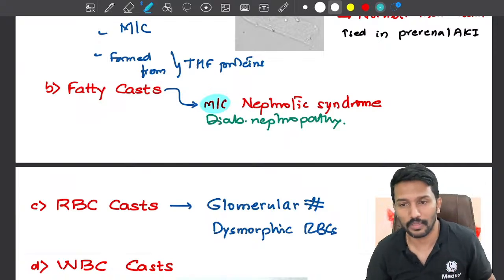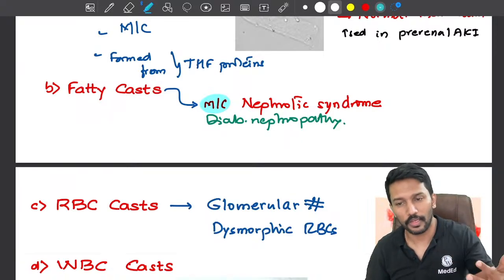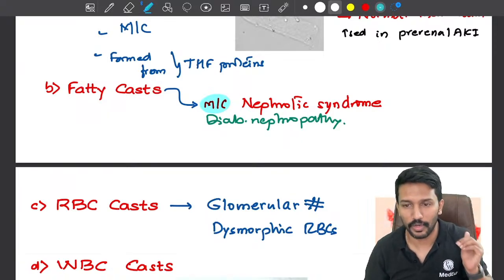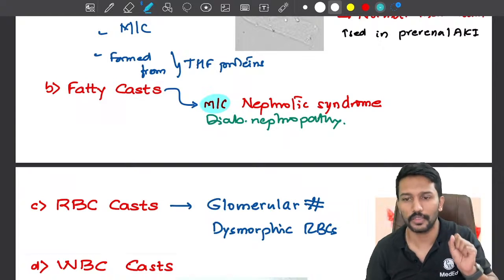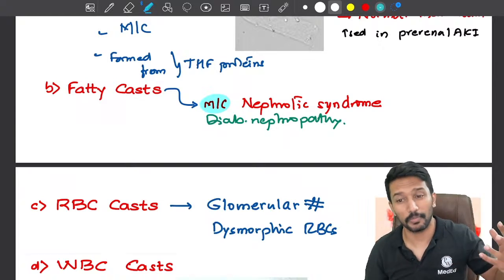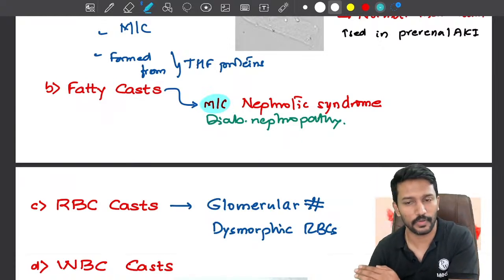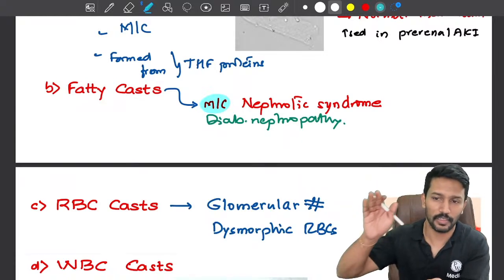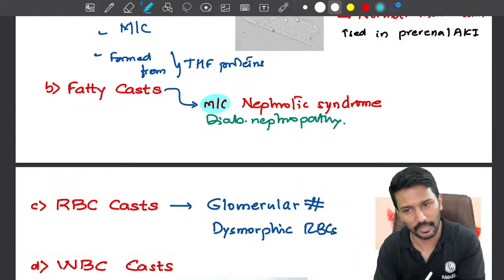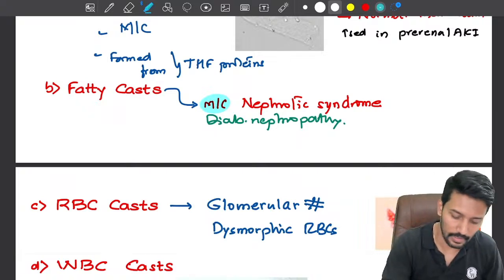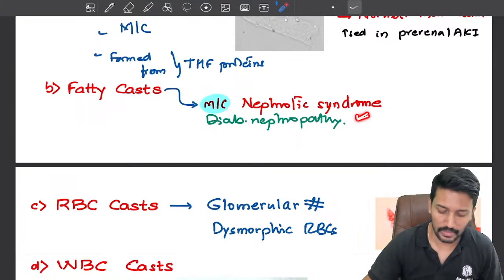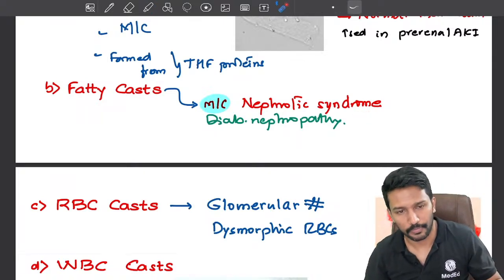Remember, in nephrotic syndrome, apart from proteinuria, you have high cholesterol and high triglycerides. It's part of the diagnostic criteria. So obviously, if blood cholesterol and blood triglycerides are high, urine cholesterol and urine triglycerides will be high, and those triglycerides and cholesterol will be loaded onto this hyaline cast, making it a fatty cast. The other condition where we might see it is diabetic nephropathy.